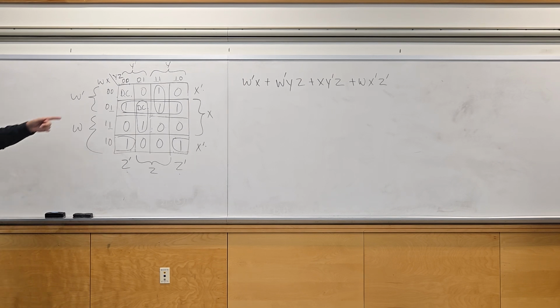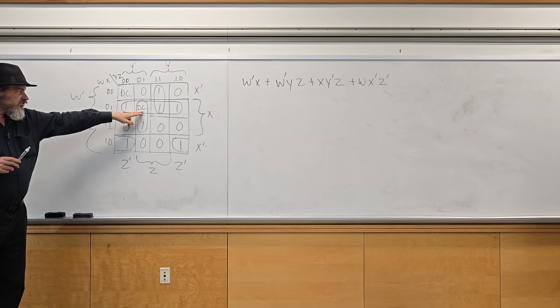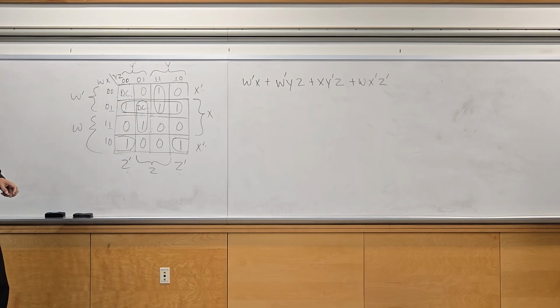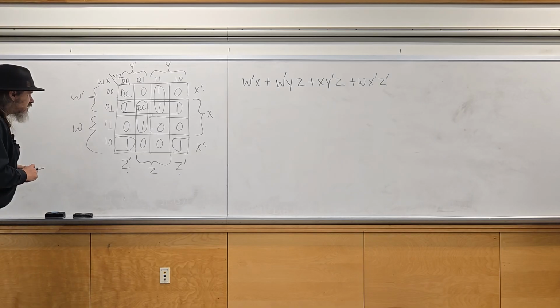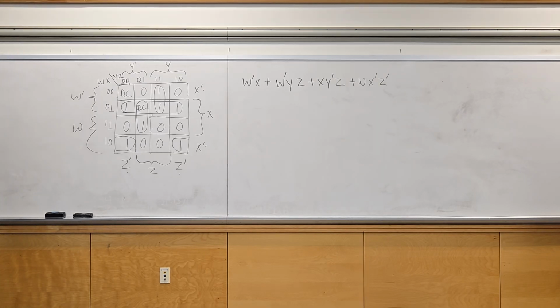And in this case, just choosing this don't care as a 1 works just fine. Any questions? We got about 5 more minutes. That's the basics of Karnaugh maps.